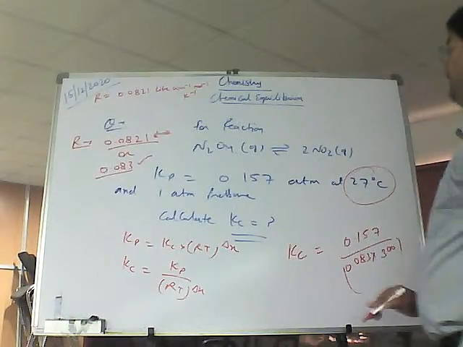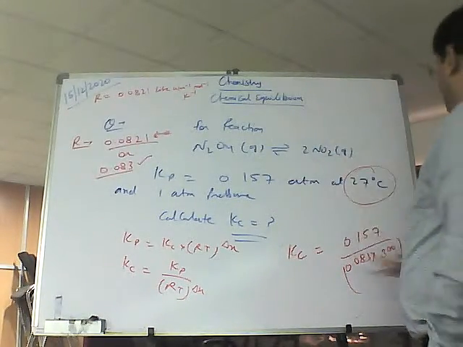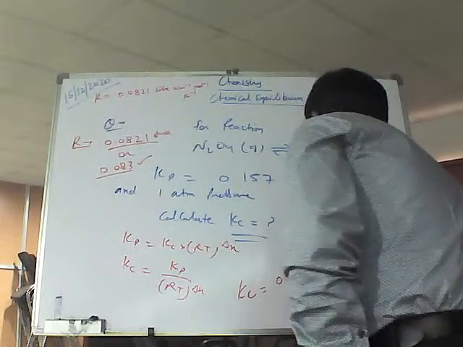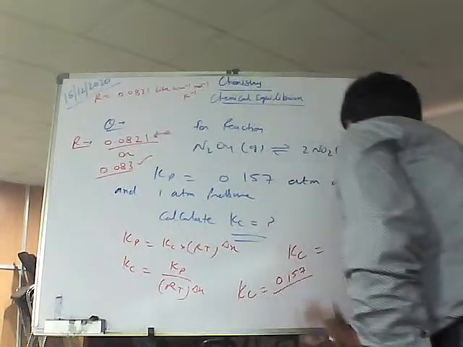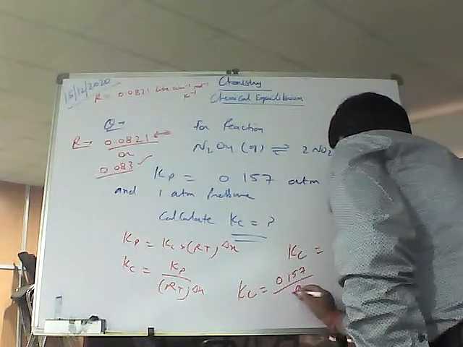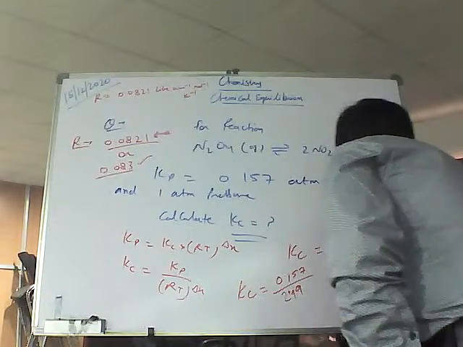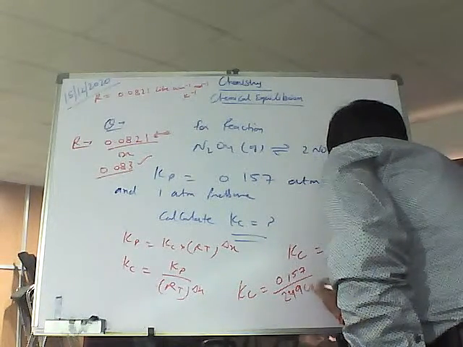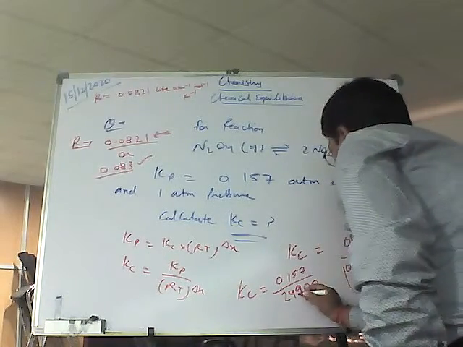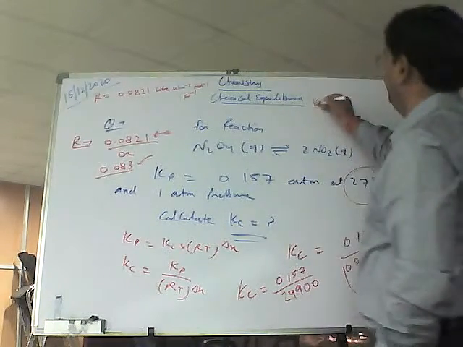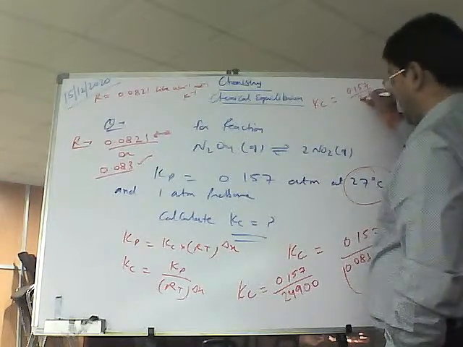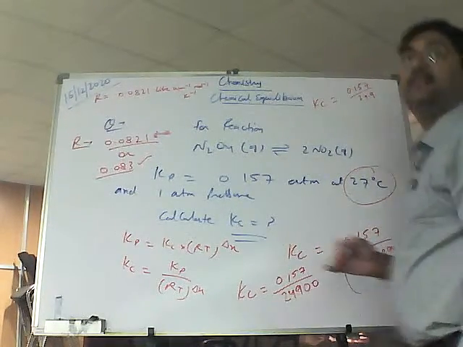Delta x is Np minus Nr, 1, power 1. So Kc is equal to 0.157 upon 3 3 is 9, 3 8 is 24, so 24.9. So Kc is equal to 0.157 upon 24.9.